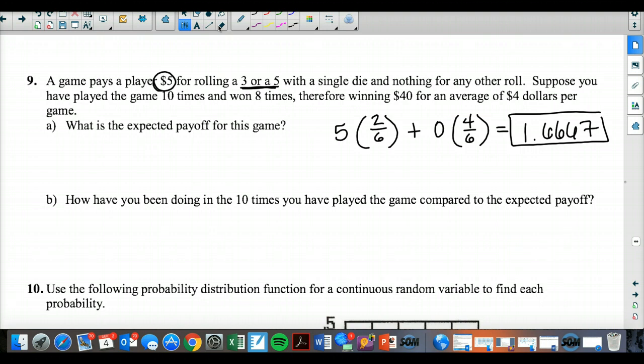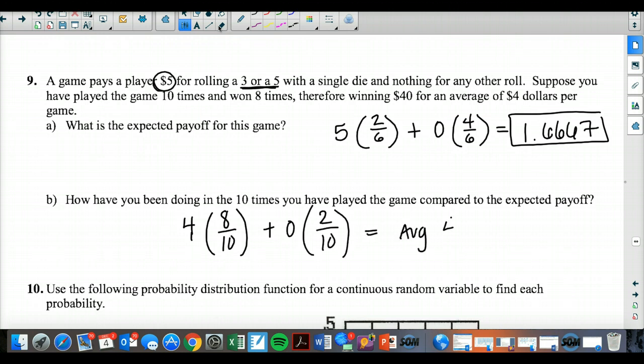All right, so now if you play this game many times, the amount you would win on average is 1.667 per game. How have you been doing in the 10 times you have played the game compared to the expected payoff? Well, that's what we just did on the last one. They won $4 8 out of 10 times, and they won $0 2 out of 10 times, for an average of 4.